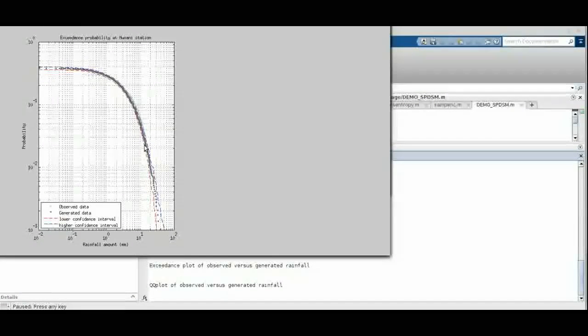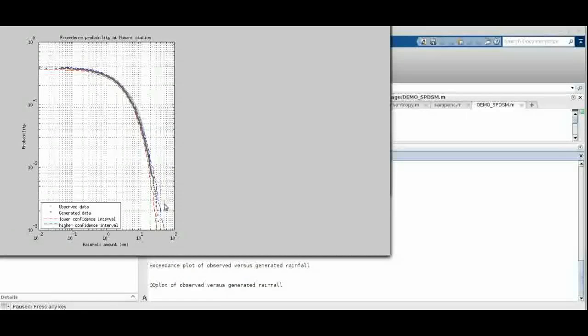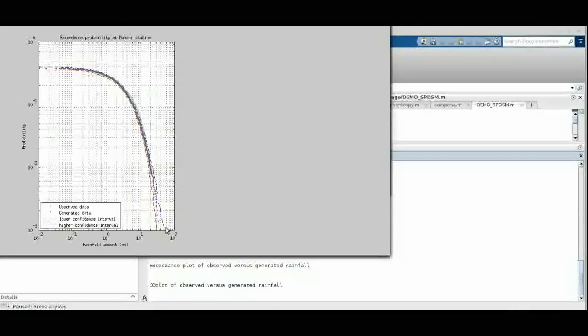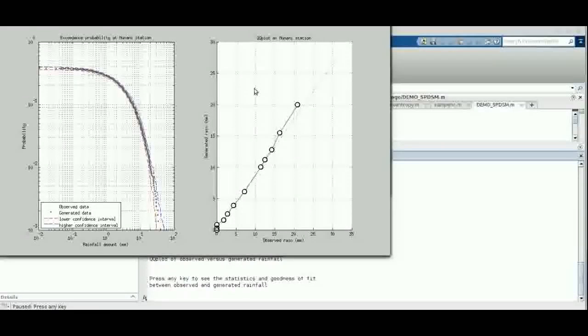Even more, we compute the confidence interval in which this generated data and this observed data should be, and we find that we are well within that confidence interval. We also plot the quantile graph of the generated data versus the observed data, and we find a very good agreement.